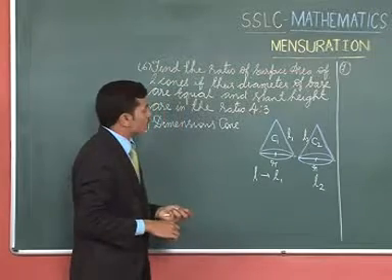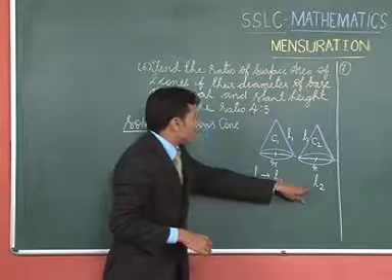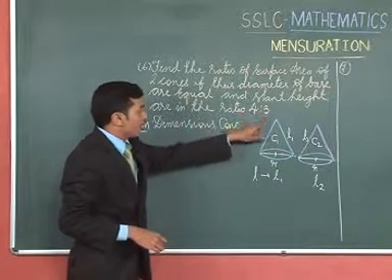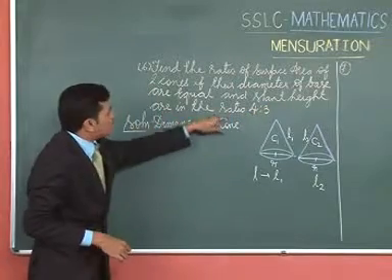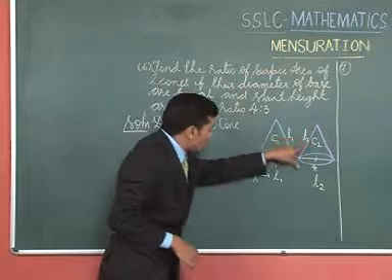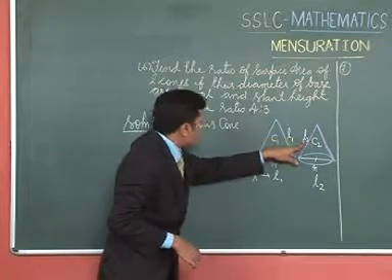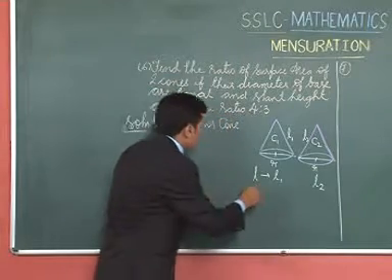According to the given question, L1 by L2 is equal to 4/3. It is said that slant height are in the ratio 4:3. That means L1 divided by L2 is equal to 4 divided by 3.